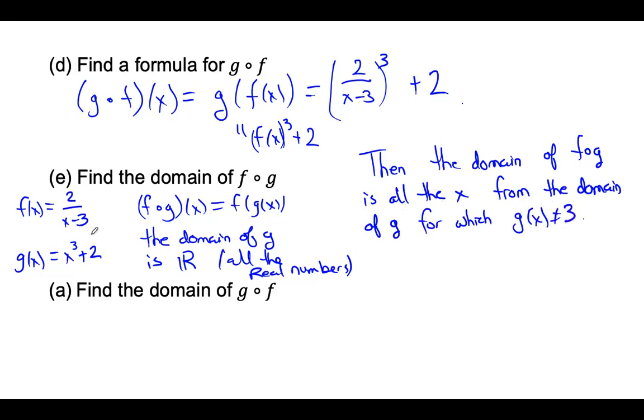So if this g of x were equal to 3, we would kind of have a problem. So we can write that out. G of x equals 3 means, well, what is g of x? That's x cubed plus 2 equals 3, which, if you solve this, implies x equals 1.